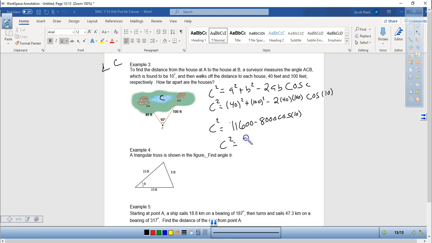So c squared is equal to 3721.537976. And we take the square root. So c is approximately 61 feet, which means that from house A to house B is about 61 feet across the lake.